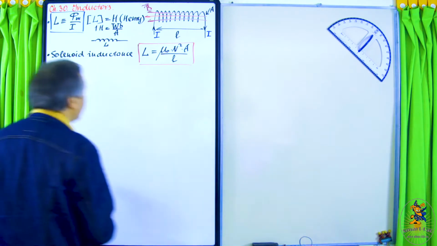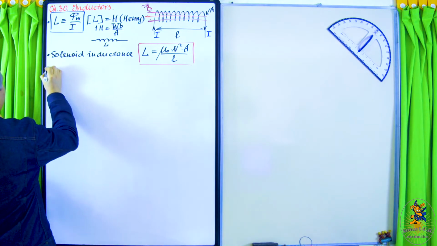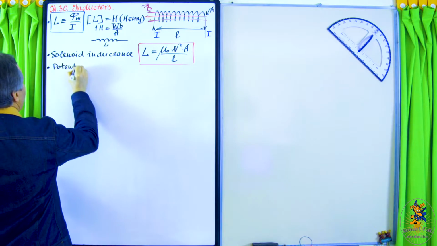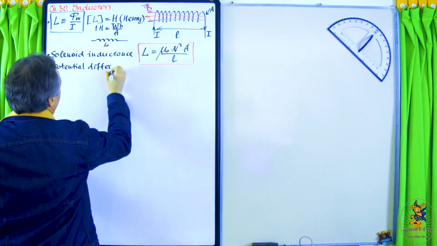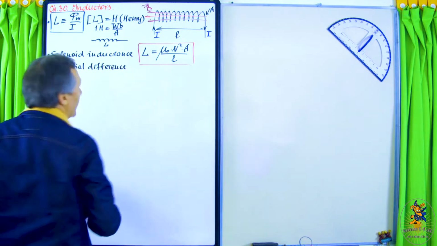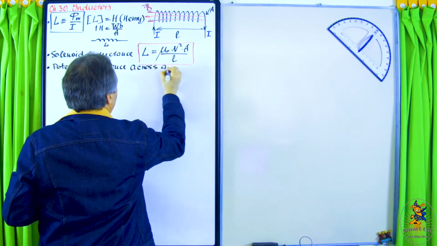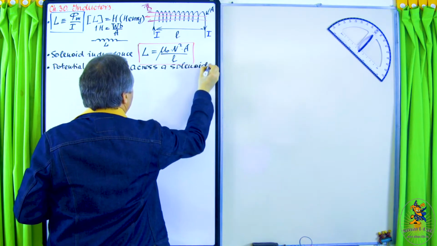Then, after that, we looked at the potential difference across the solenoid. Maybe let me write it: across a solenoid. We're going to use solenoid most of the time.